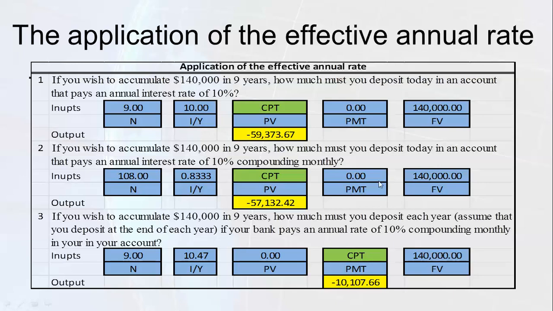So in this case you can multiply 9 years by 12 months, so definitely you can convert your N. You can change your I/Y. I/Y is APR, so basically divided by 12, it is going to be 0.8333%.